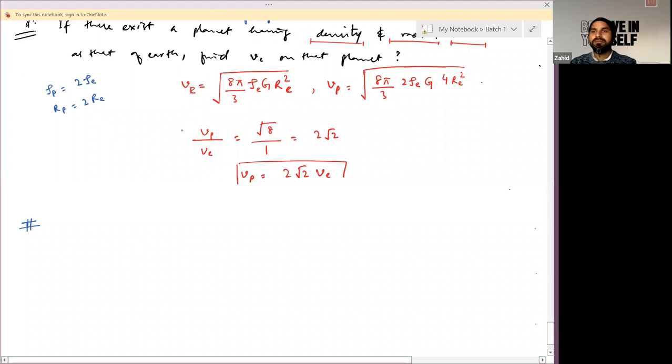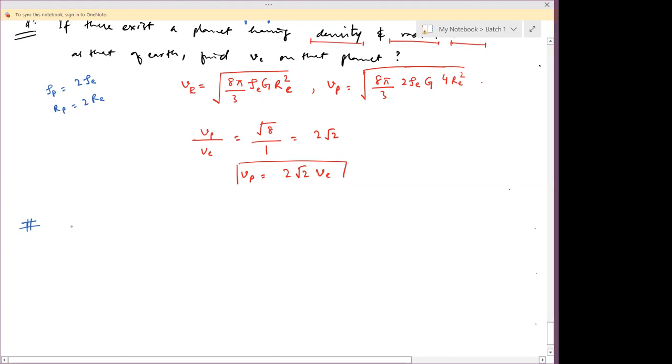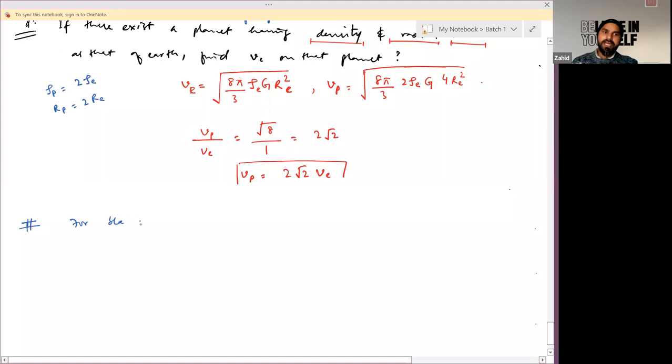Then it is called a black hole. Is it clear? Yes, sir. So for a black hole, escape velocity will be greater than or equal to c, that is, the speed of light. Is it clear?